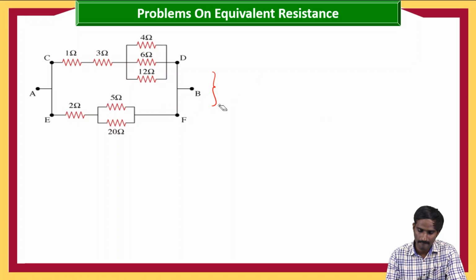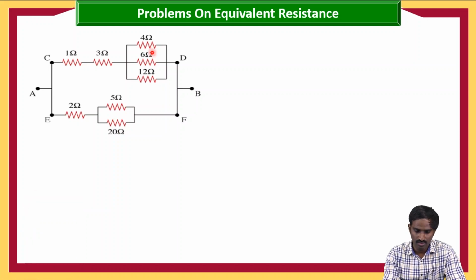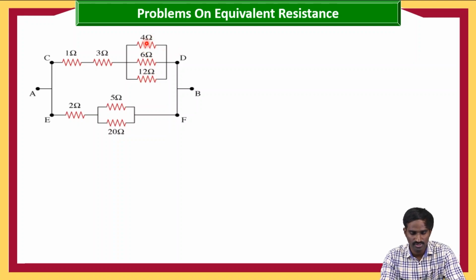Now as you can see, these 4 ohms, 6 ohms and 12 ohms, these three are in parallel because all these three resistors have only two common terminals. So that's why we can say these three are in parallel. First 4 and 6 are in parallel, then this combination is parallel with the 12 ohms.